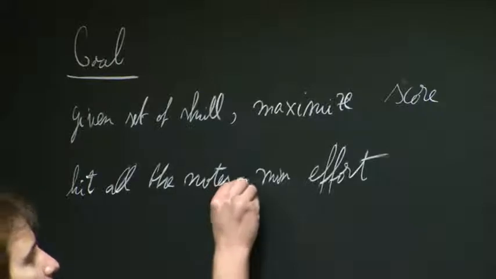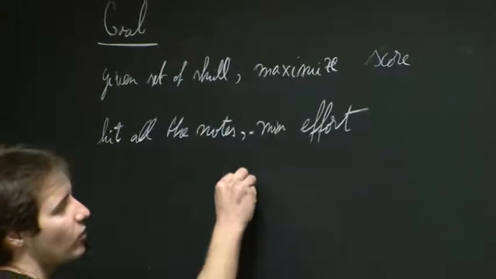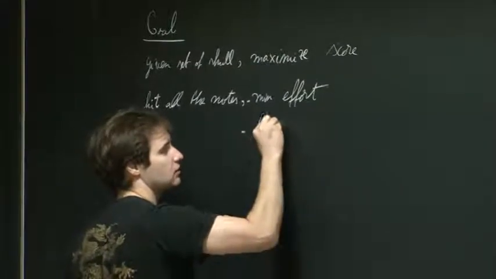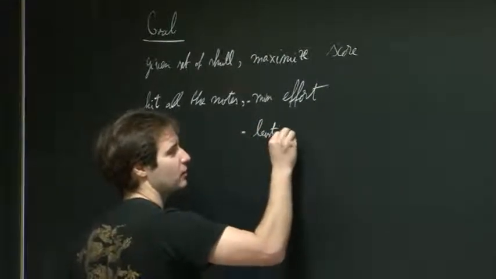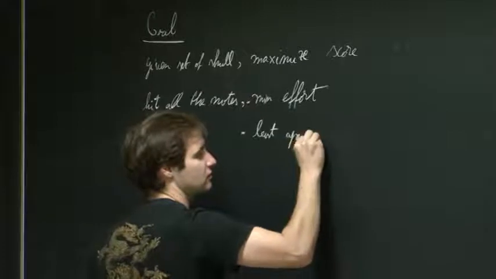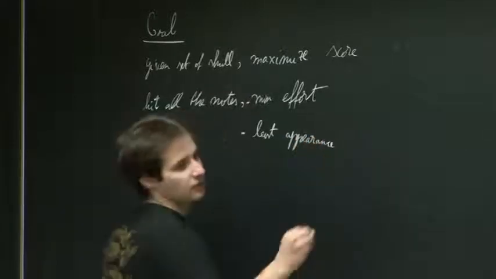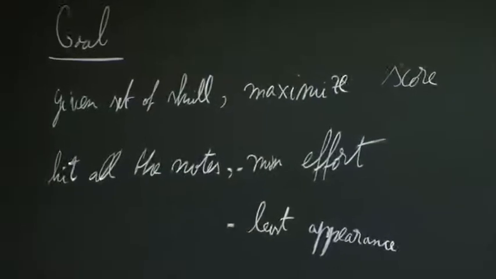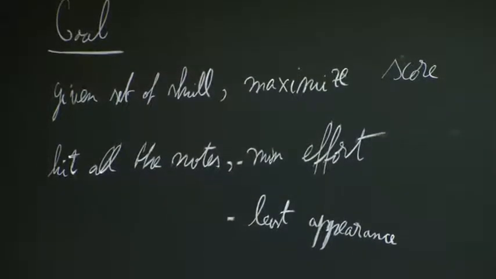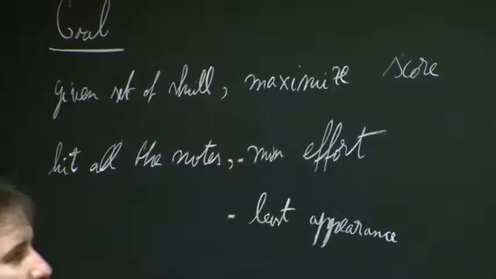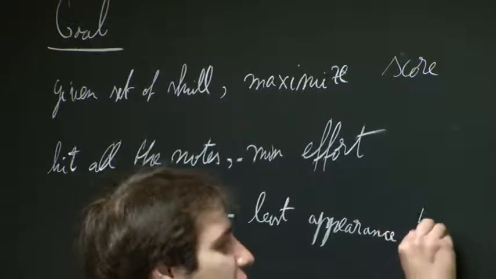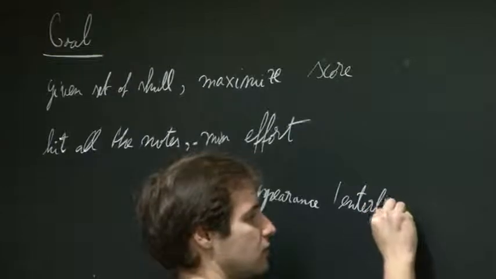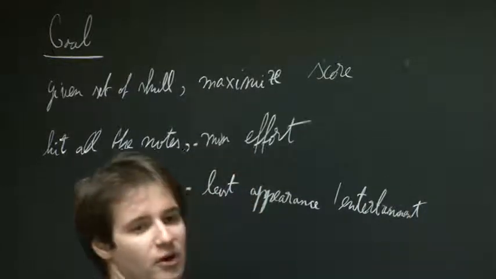So hit all the notes with minimum effort, or otherwise, best appearance. Every move looks somewhat good or somewhat bad, and you want to do the moves that look as good as possible. So this maximizes entertainment. If you're on TV, you probably want this.